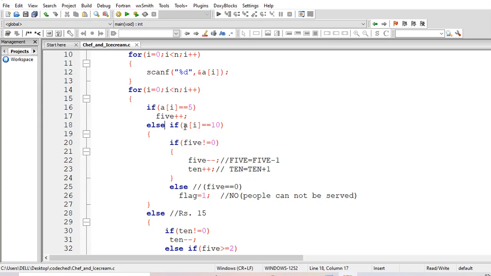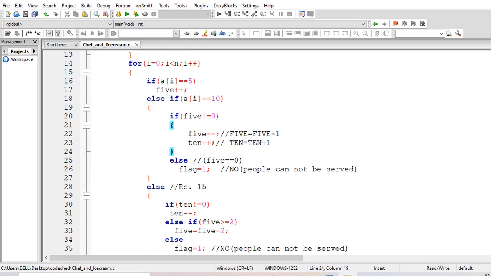Else if ai is equal to 10, then the chef needs to give a 5 rupees coin. So if the count of 5 rupees coins is not equal to 0, then he can serve ice cream. Then the count of five will be decreased by 1, five minus minus, and the count of ten will be increased by 1, ten plus plus.